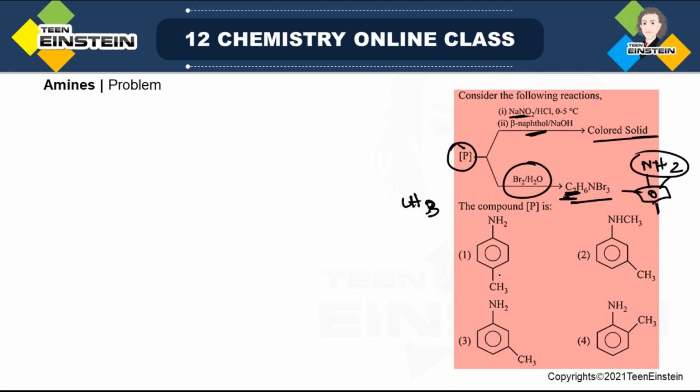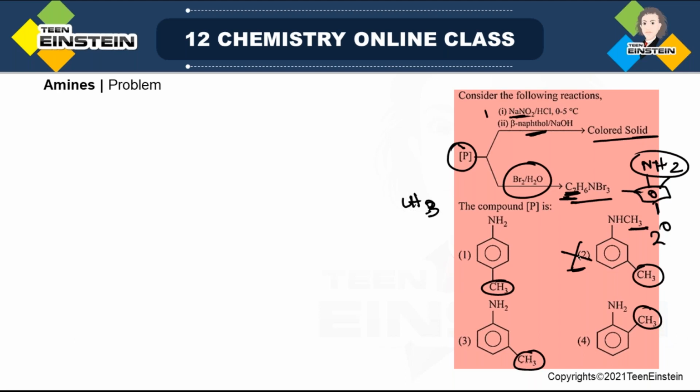In all the options you will find some methyl group, at para position, meta position, ortho position. In option 2 it is not just ortho, there is one also attached here. But if you consider option 2, then for this bromination product the formula should be C8, total number of carbons 8, and this is not possible. And also, as you are doing diazotization, it must be 1 degree, but this is 2 degree. So this cannot be the correct option.